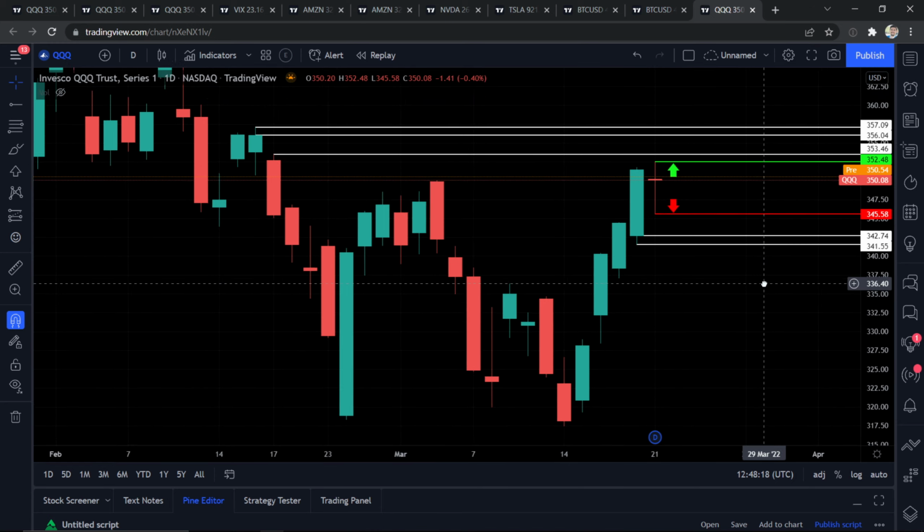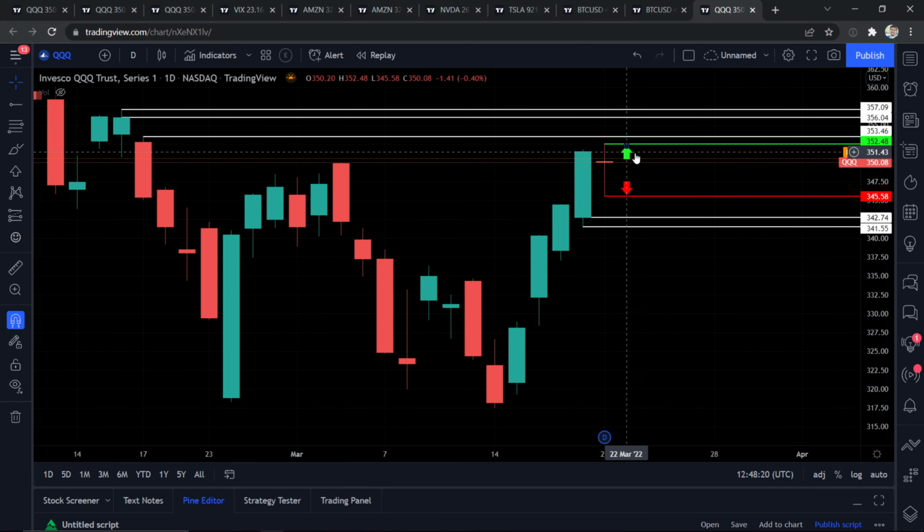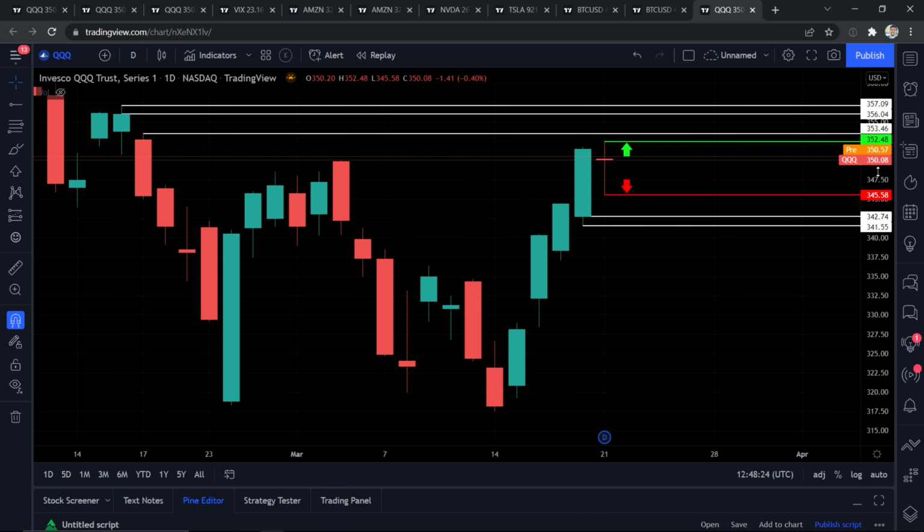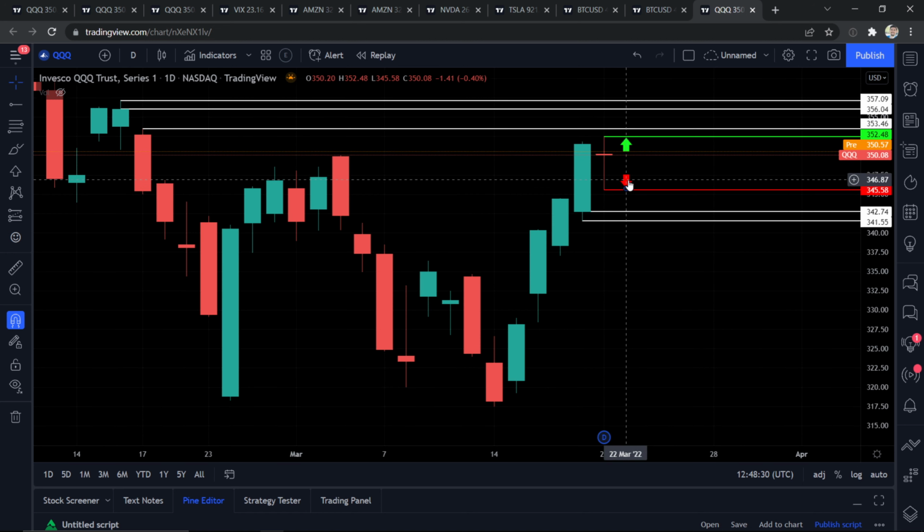So if we break above this daily high, which was Monday, then we could look to the upside. Where are the additional targets? If we break below, we're going to be looking at where are the additional downside targets.